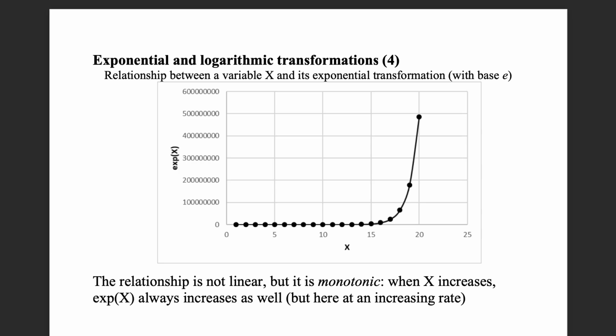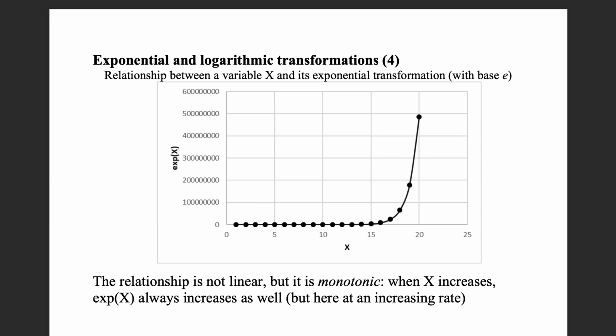Higher values on the original x variable also mean higher values on the exponentiated transformation of that variable. So if one goes up, the other always goes up as well. But it's definitely not a linear relationship.